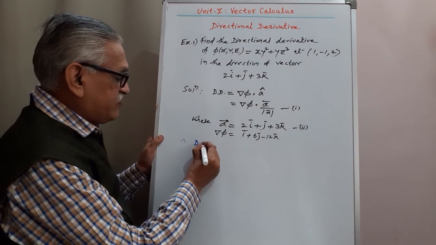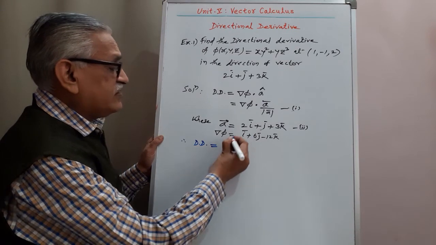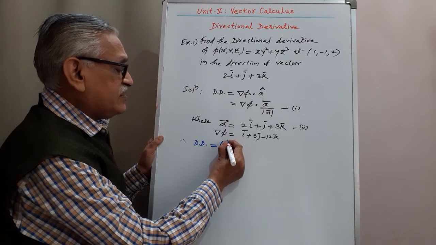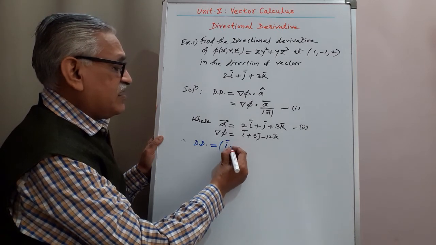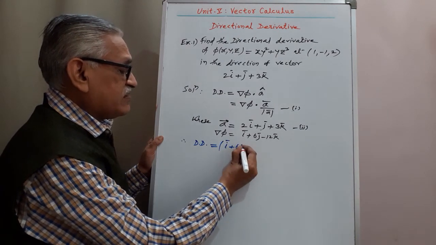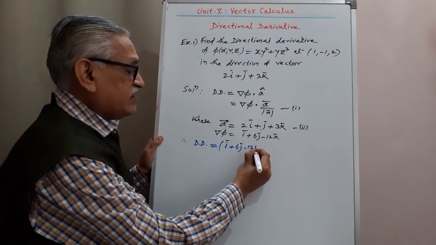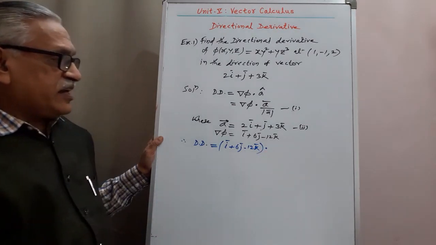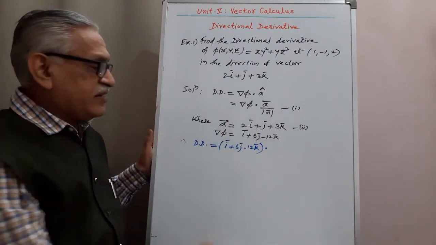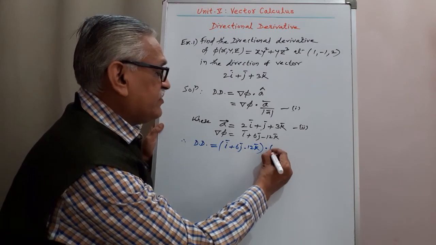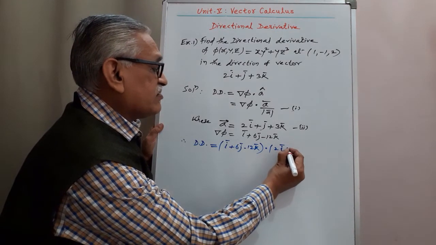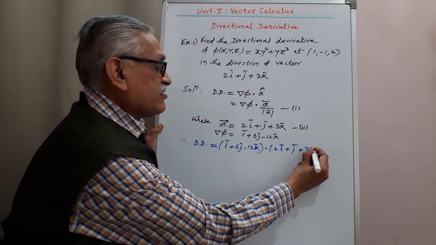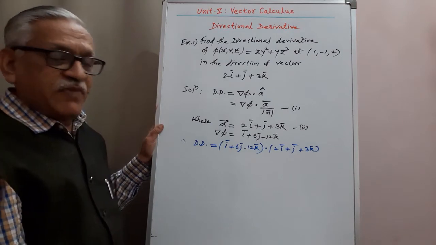The directional derivative is del phi dot a cap. The value of del phi is vector i plus 6j minus 12k, in dot product with vector a bar, whose value is 2i plus j plus 3k, divided by its magnitude.